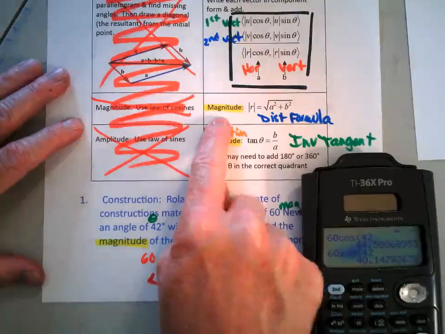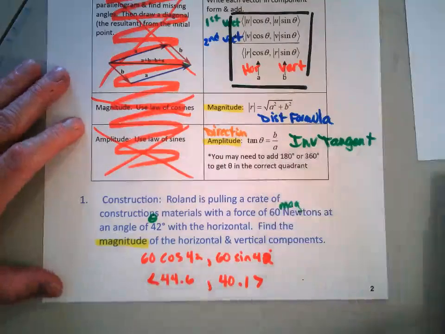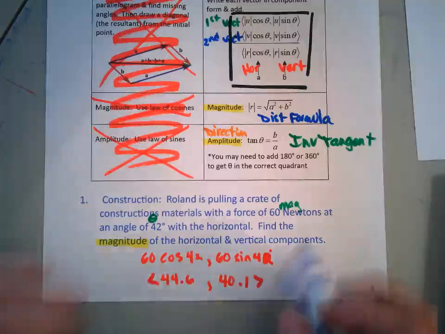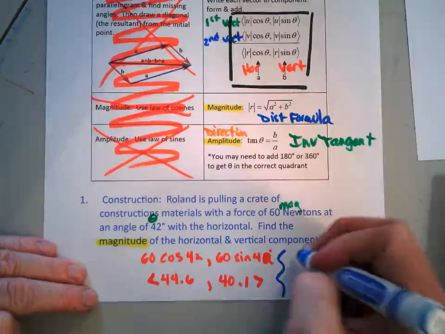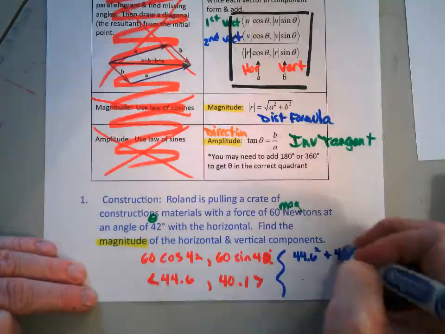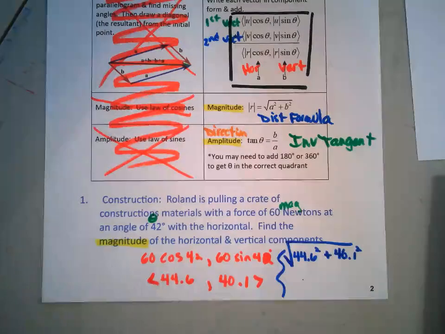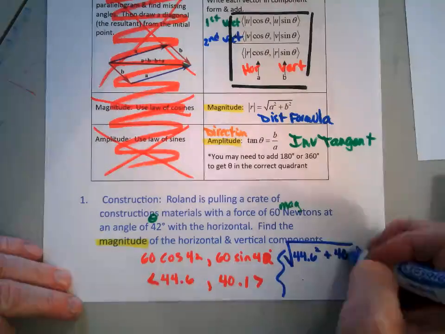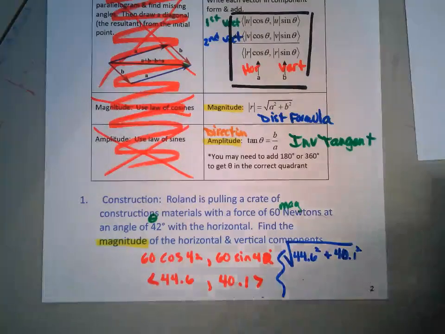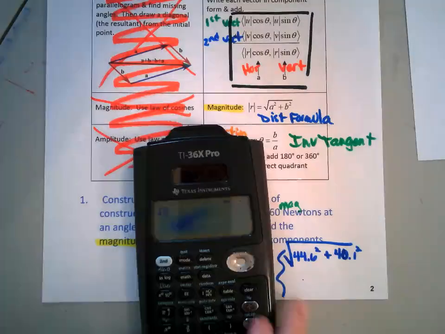Now we want to find the magnitude, so we'll do the distance formula between these two points. That's 44.6 squared plus 40.1 squared. You can do that all at once in these fancy calculators.